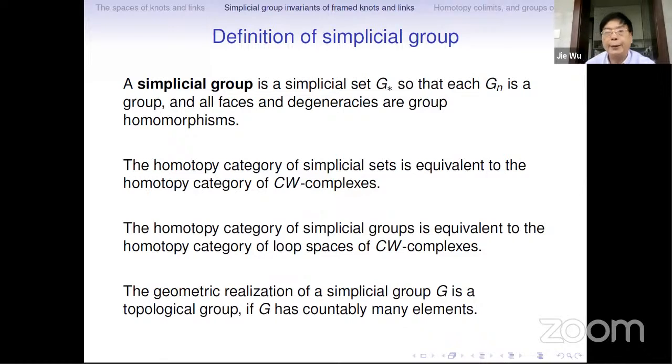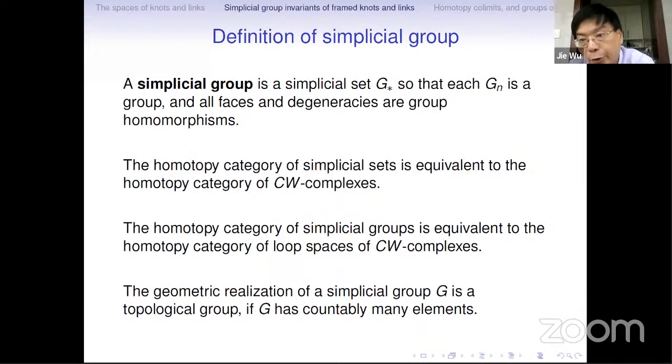So I just put a few remarks that are well known in algebraic topology: the homotopy category of simplicial sets is equivalent to the homotopy category of CW complexes, and the homotopy category of simplicial groups is equivalent to the homotopy category of loop spaces of CW complexes.